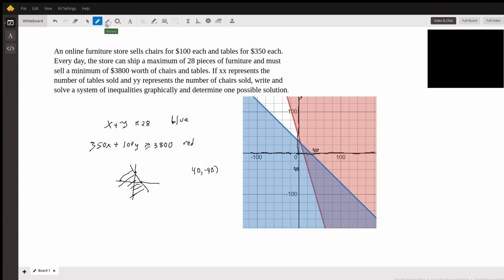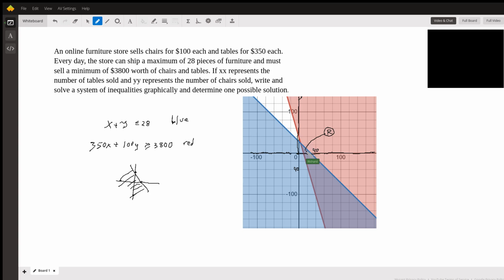And so we have to pick a point that is inside the solution region, which is actually going to be this region here. So guessing that's 20, and that's 20, that's 20.